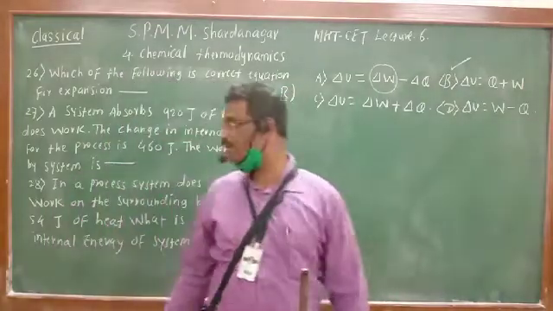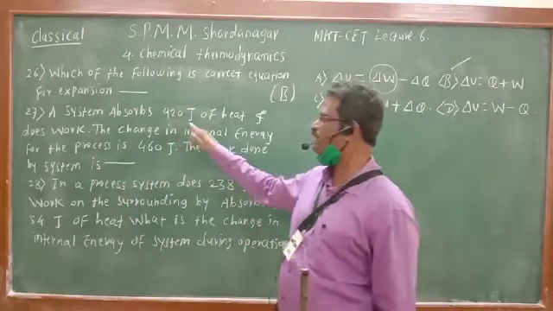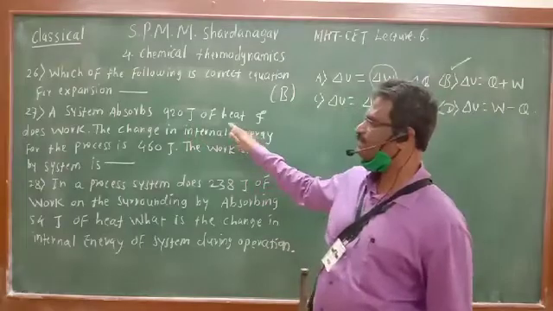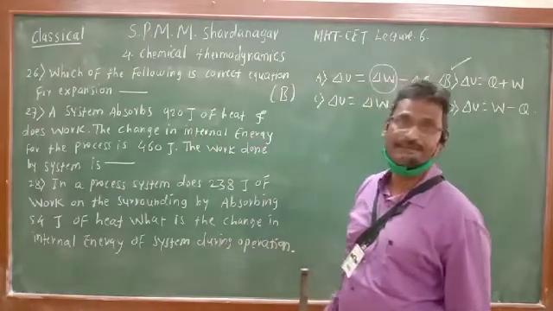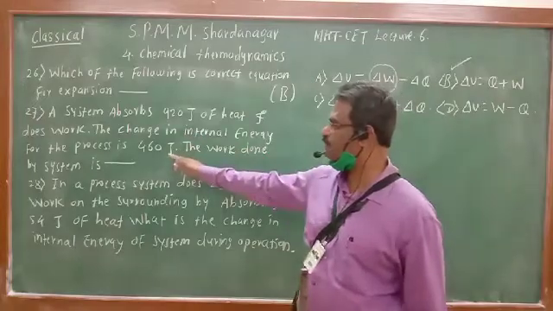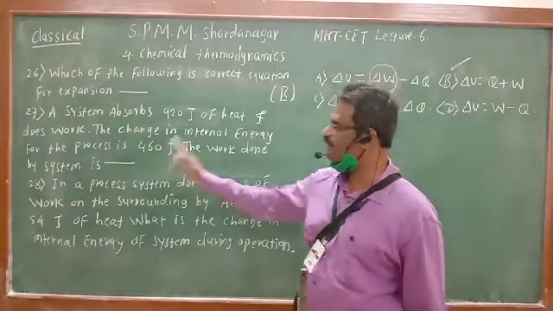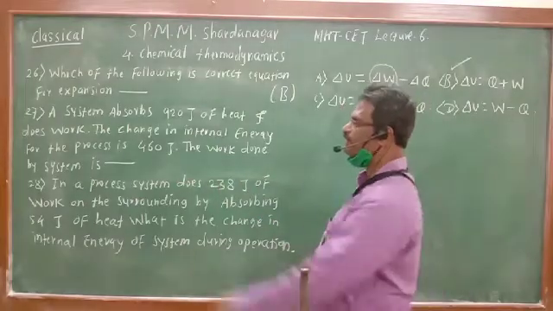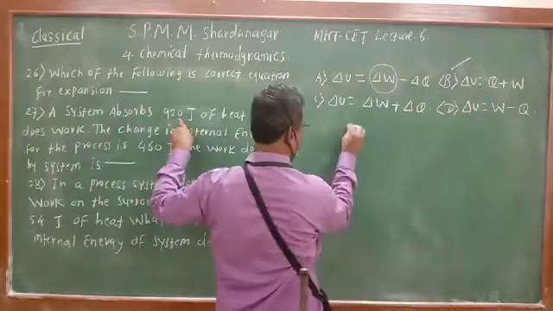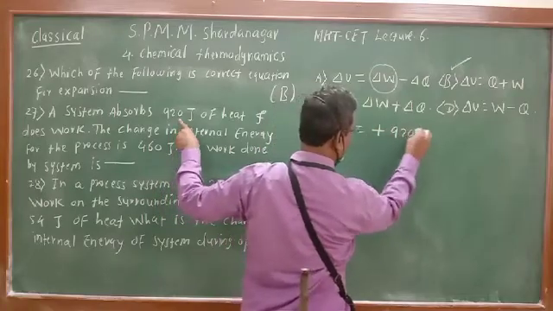Now see question number 27. A system absorbs 920 joule of heat and does work. The change in internal energy for the process is 460 joule. The work done by the system is? See what they have given: the system absorbs, so Q is plus 920 joule.